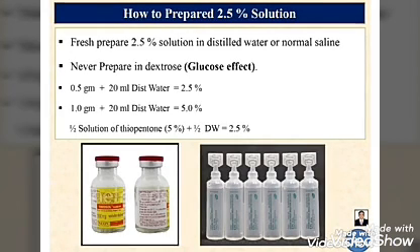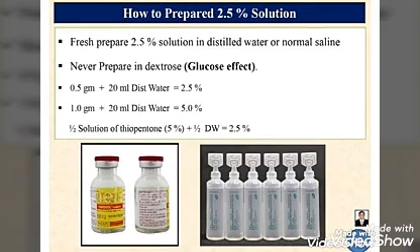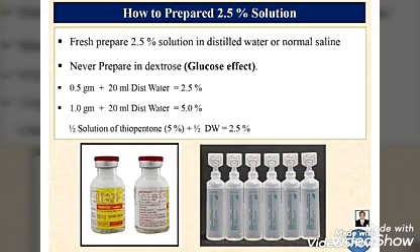First add 20 ml of distilled water and make a 5% solution. At the time of induction, load half of the 5% thiopentone solution in the syringe, add the same quantity of distilled water, dilute it and make the 2.5% solution.